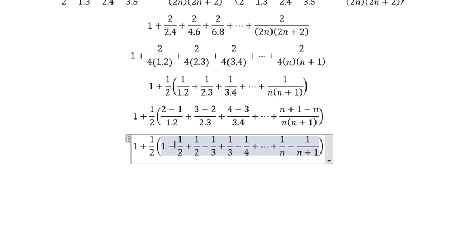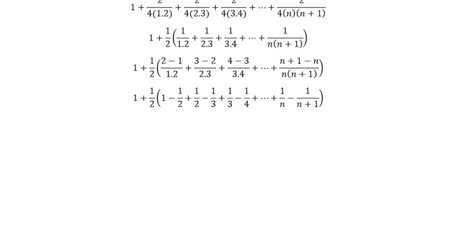As you can see, this couple here will cancel. So we just have only 1 plus 1 over 2 multiplied with (1 minus 1 over n plus 1). So now we need to put this one back in here.